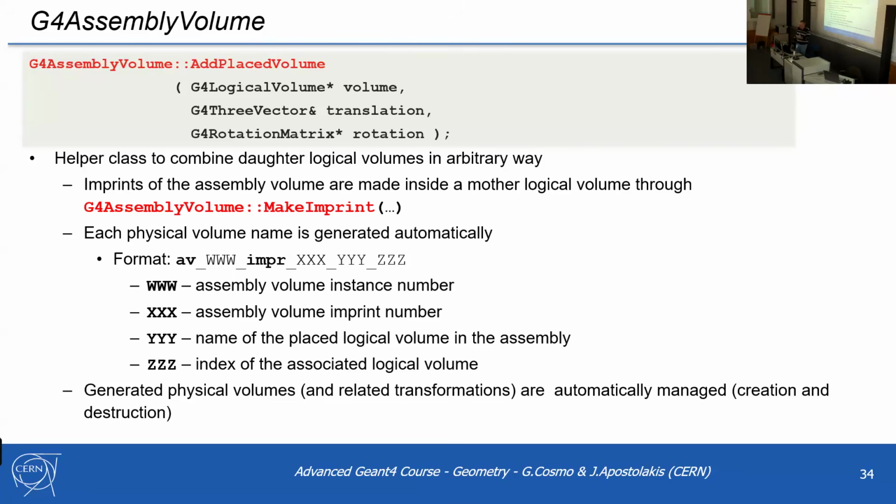One thing you have to know is that all volumes that are part of an assembly volume are automatically handled by the system. So you don't have to worry about the destruction of the objects generated in memory, because the system will take care to create and to destroy these objects.